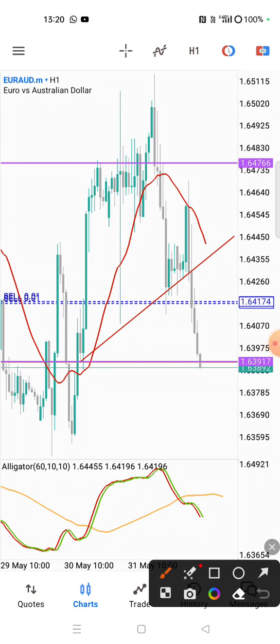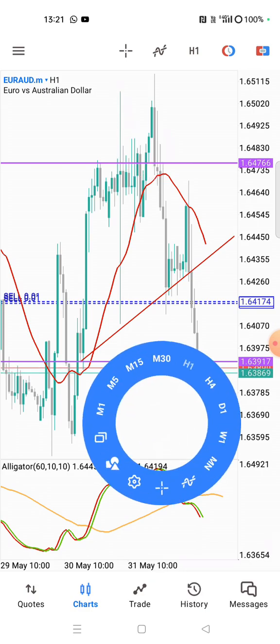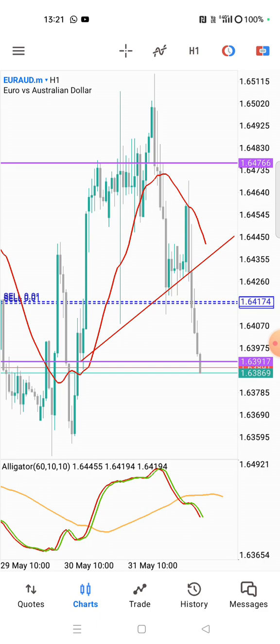Number one, this one I've been eyeing from yesterday night. Okay, right after the US session, it already crossed, but then this one hasn't crossed yet, so I have to wait. Okay, but then when I look to the left side, this is where it gets a bit tricky here.